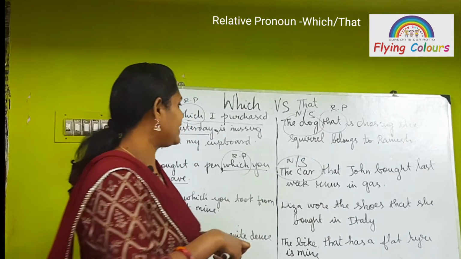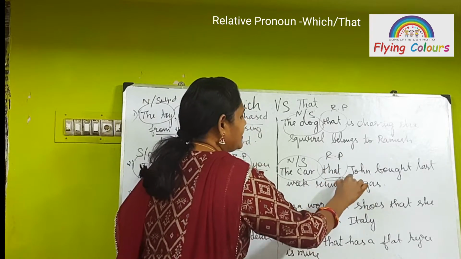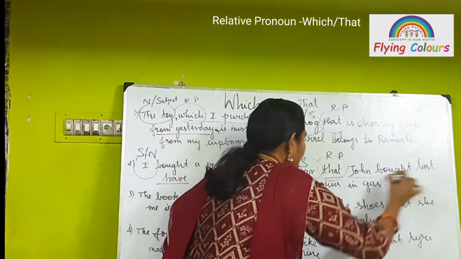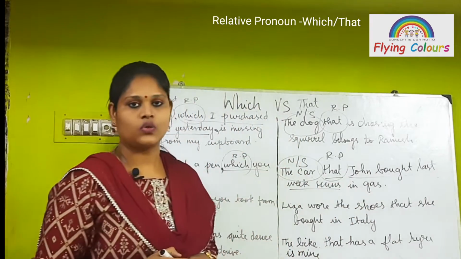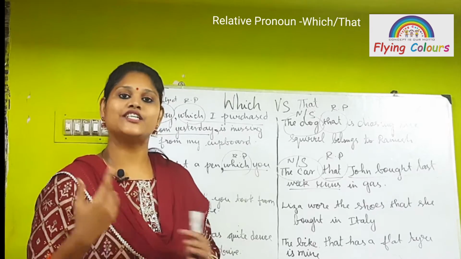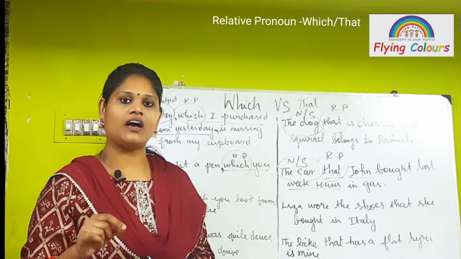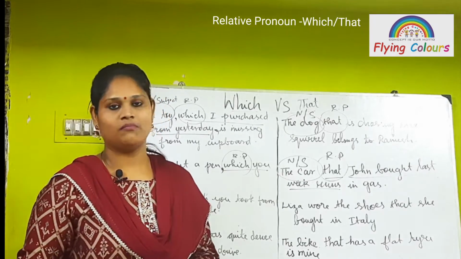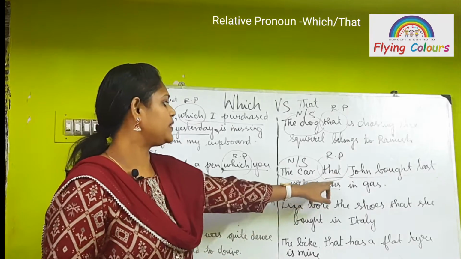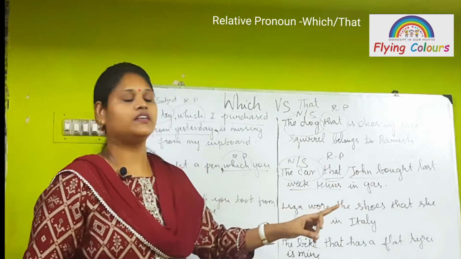So here that is a relative pronoun. You can underline that. Specifically John bought this car last week. So you can say this is an essential clause because it specifies a particular car that was bought by John last week. In this case we write that, as it is essential information provided about the subject.